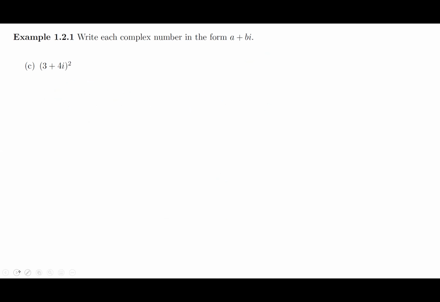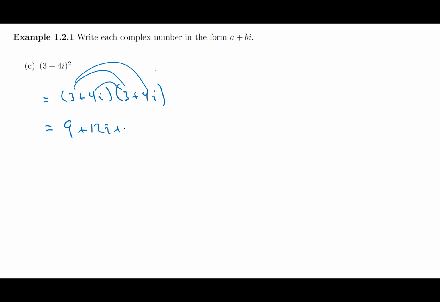All right, last one, 3 plus 4i quantity squared. Well, this means 3 plus 4i times 3 plus 4i. And so just like you would multiply binomials, you're going to multiply these. So 3 times 3 is 9. 4i times 3 is 12i. 3 times 4i is 12i.